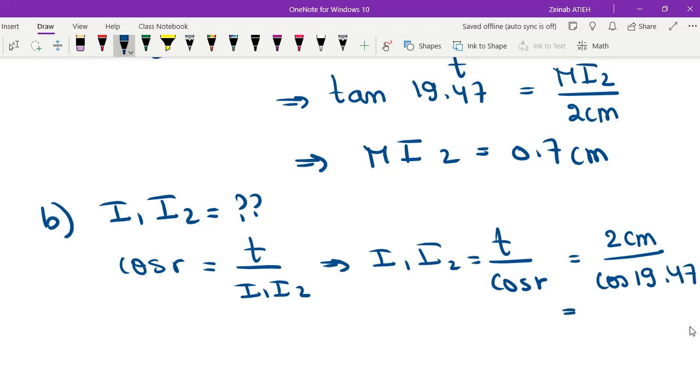You will get the answer 2.12 centimeter, and this is the answer.